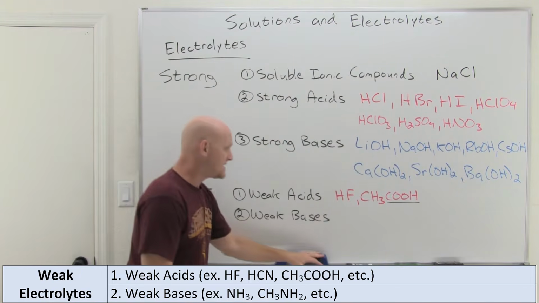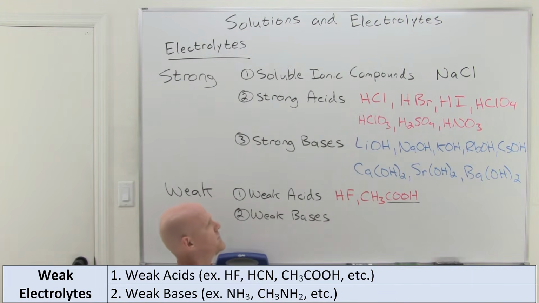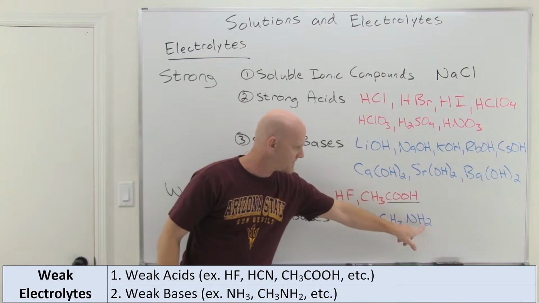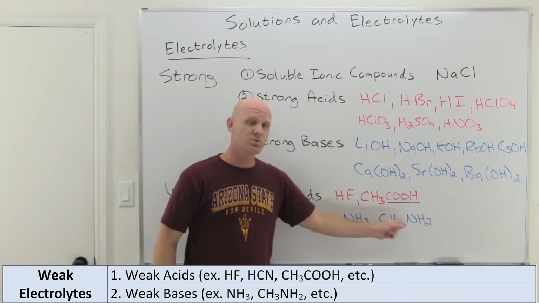All right, so weak bases, on the other hand, these are much more difficult for us to give you a comprehensive list here. So what I'm going to give you is ammonia. And things that look somewhat similar to ammonia are going to be your weak bases. And so in this case, we got ammonia and maybe something like methylamine, it turns out is the name there. But instead of, on nitrogen, one of the hydrogens is replaced with this CH3 group.